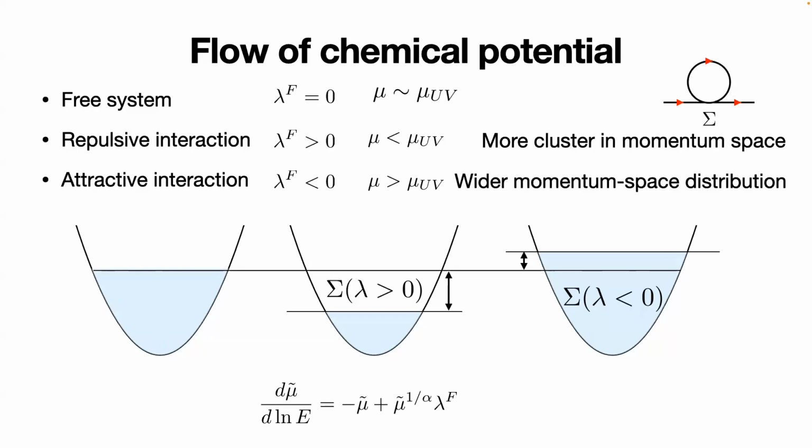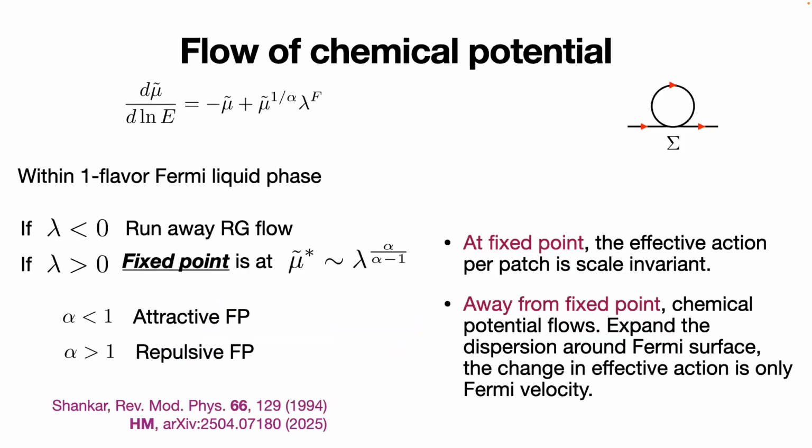And it's completely encoded in this one loop diagram. We can use this one loop diagram to produce the RG equation for the chemical potential. From this RG equation, we can find that when lambda, or the BCS interaction, is attractive, there's always a runaway RG flow.